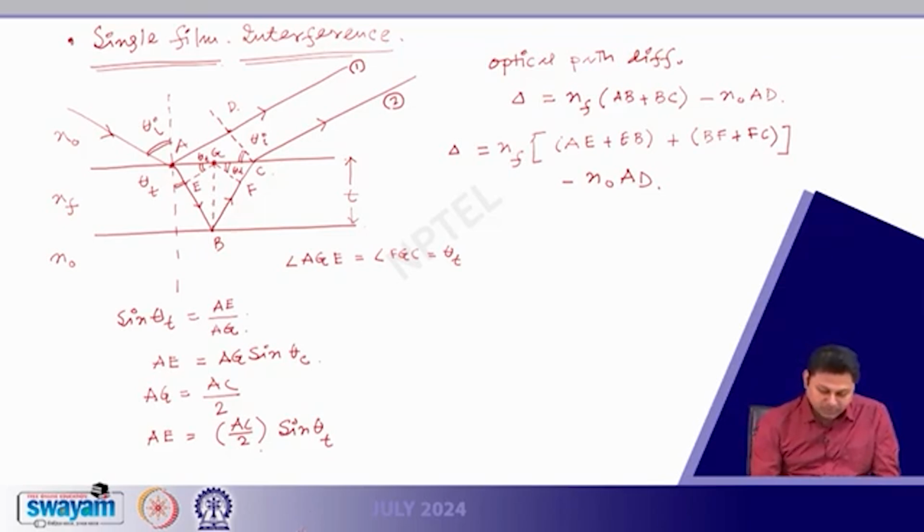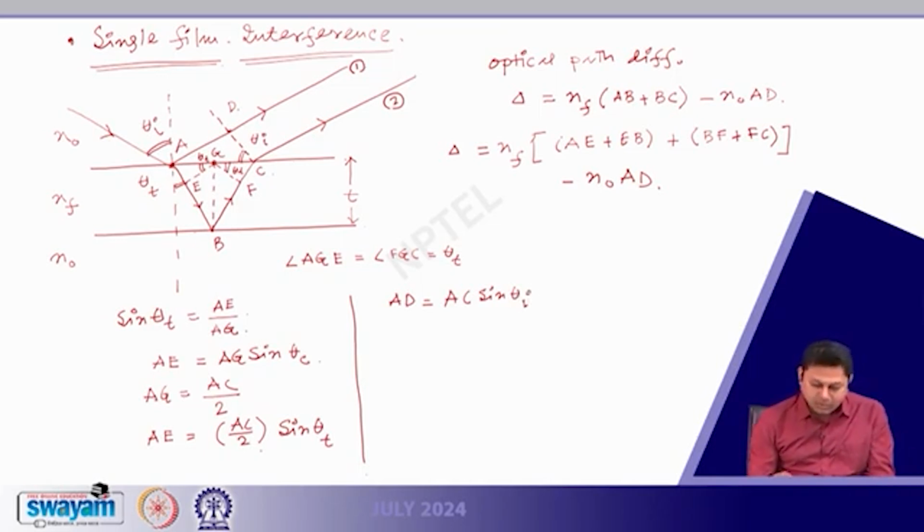Now, we also have AD, which is here to here, and this angle is theta I, is equal to AC into sin theta I. Now, from the Snell's law we have N0 sin theta I is equal to NF sin theta t, just using the Snell's law.